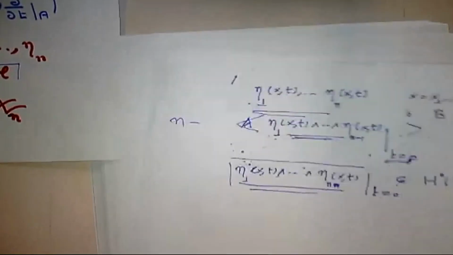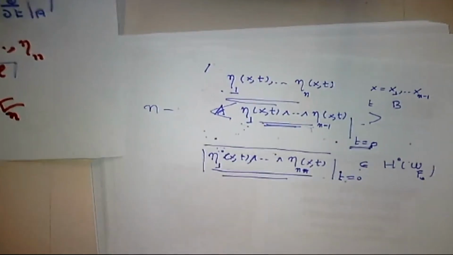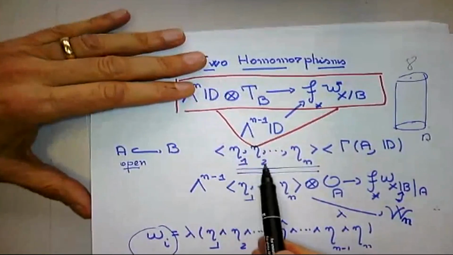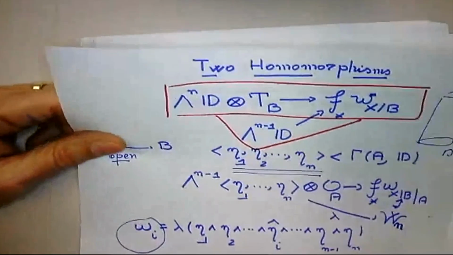Okay. If not, you say that the vector space generated by η1, η2, ..., ηn is Massey trivial. Why do I tell you that? Because actually this gives us the theorem I want to explain to you, which is this.